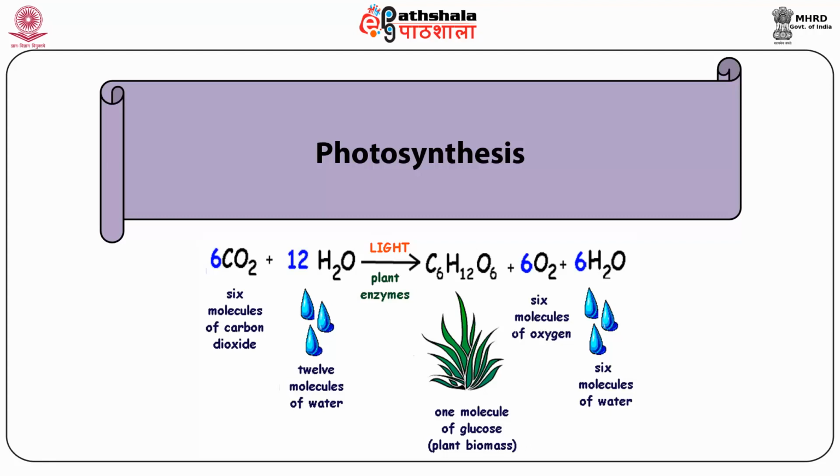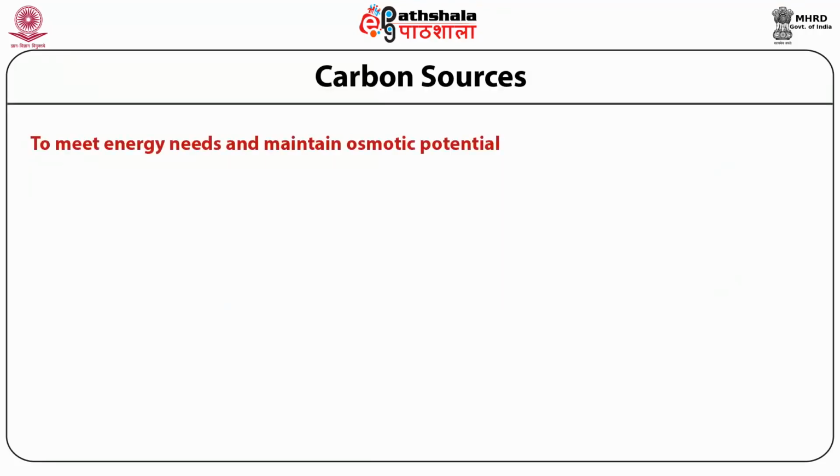So what happens in case of tissue cultures is that your cells or tissues are not photosynthesizing, or they are photosynthesizing at suboptimal level, and therefore you have to give sugar artificially.